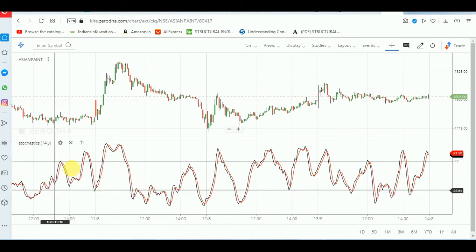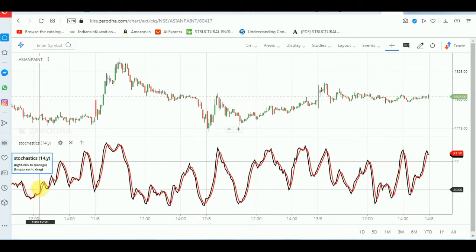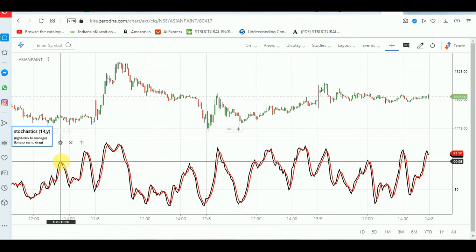So here also, this is an example. From here it suddenly has a diversion, then again it went up, then again it came down, then it reached the overbought level.